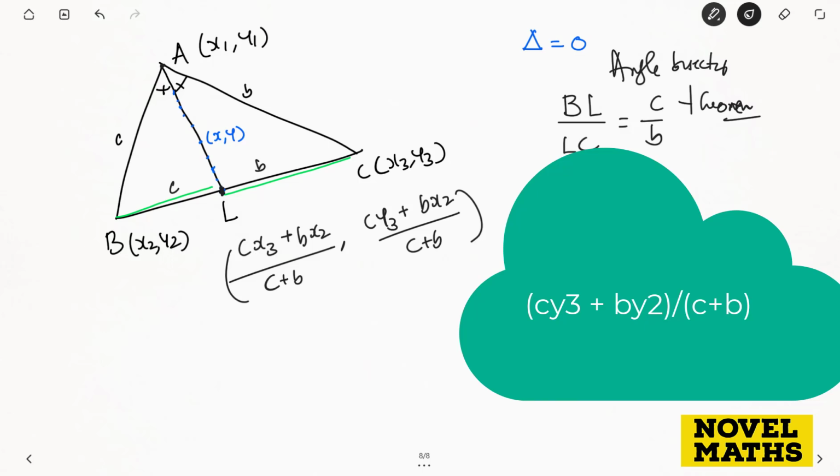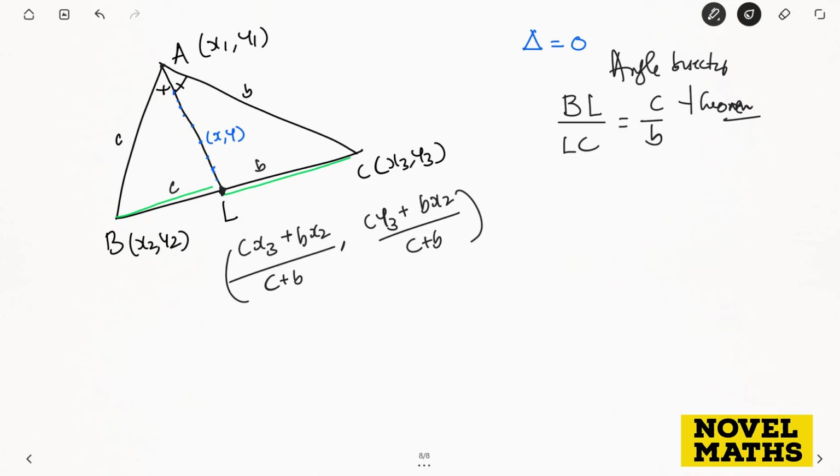You have 3 points, right? x1, y1, xy, and this coordinate, and this must be collinear, right? Because xy is lying on this line only. So let's simplify this further. You have 3 points, x1, y1, xy is, this is variable, right? It's varying.